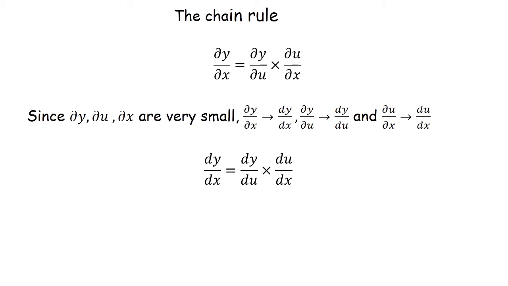You can see that if we tried to cancel the du, we remain with dy/dx. So this formula does not change the meaning, only that after introducing another function u, we also need to cater for it here. This result is known as the chain rule.